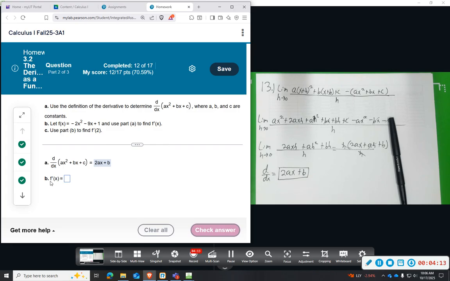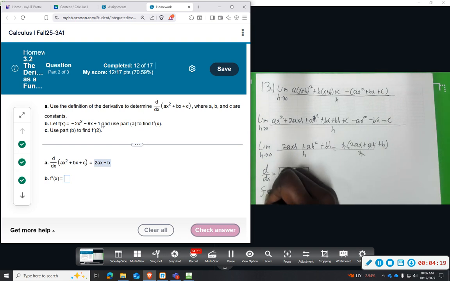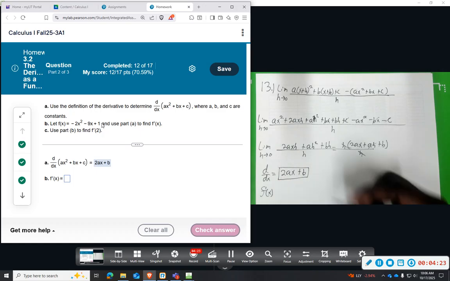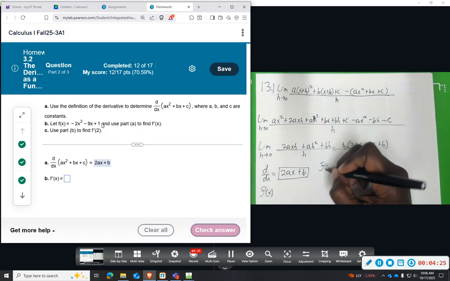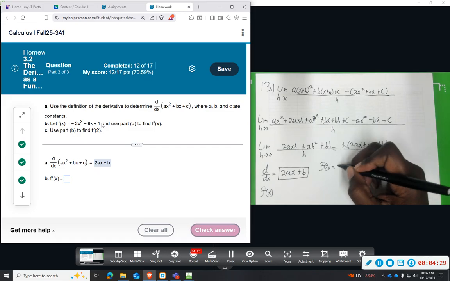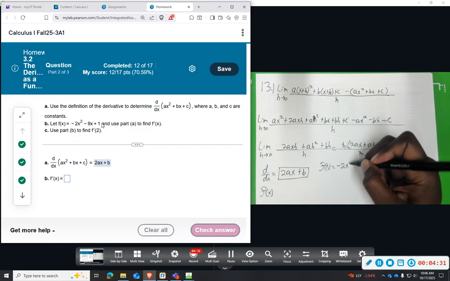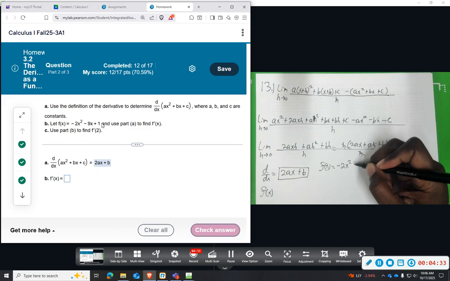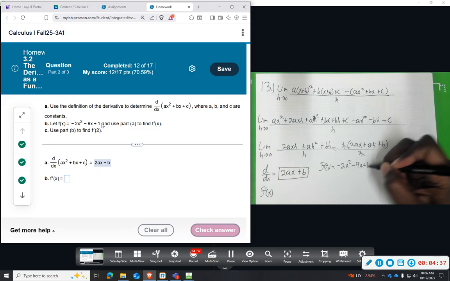Alright, so now we want to find f prime of x, where we're looking at this function. Since we've already found the derivative, all we have to do is say, okay, f of x is equal to negative 2x squared minus 9x plus 1.